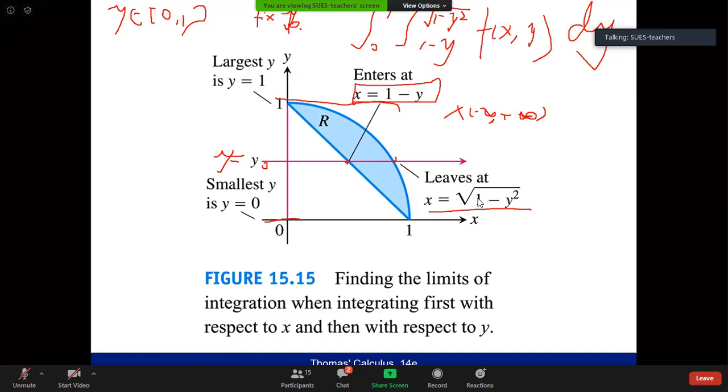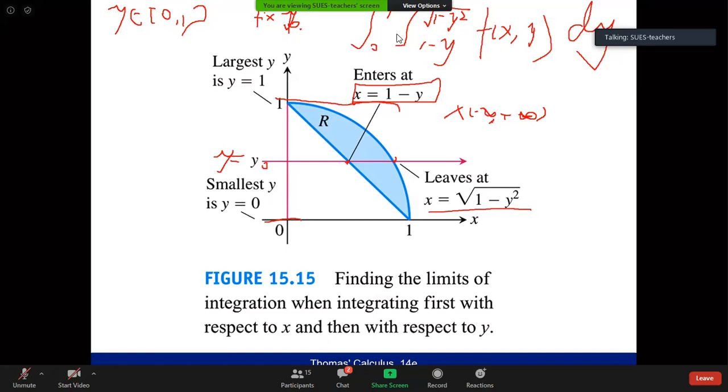So always keep in mind that for double integrals, you have to find the integral area first. Then if you want to integrate x first, you find the range of x, or if you want to do y first, that's fine too.